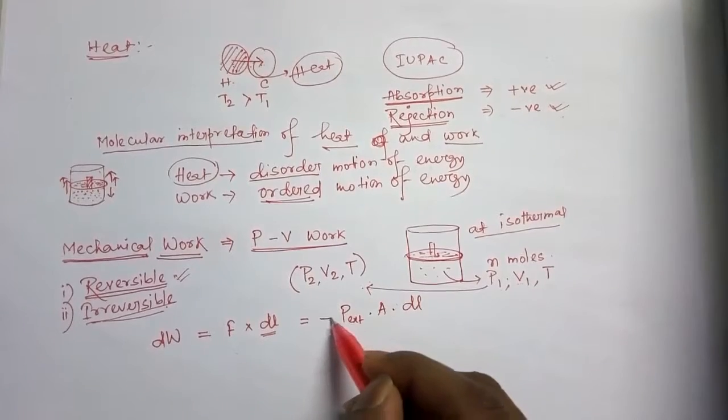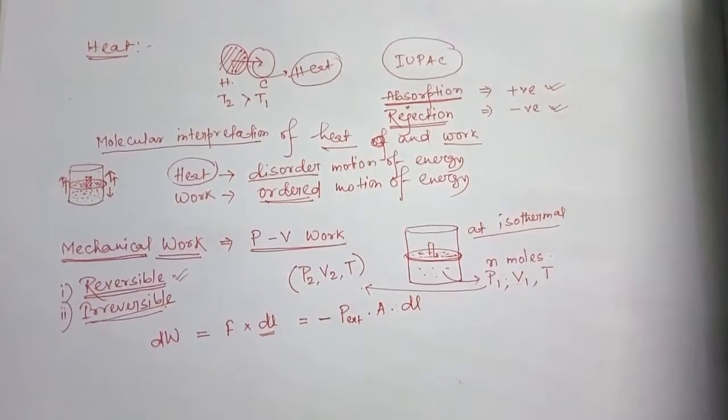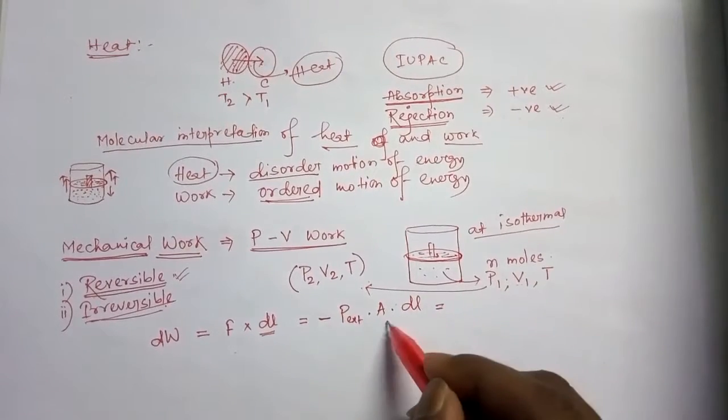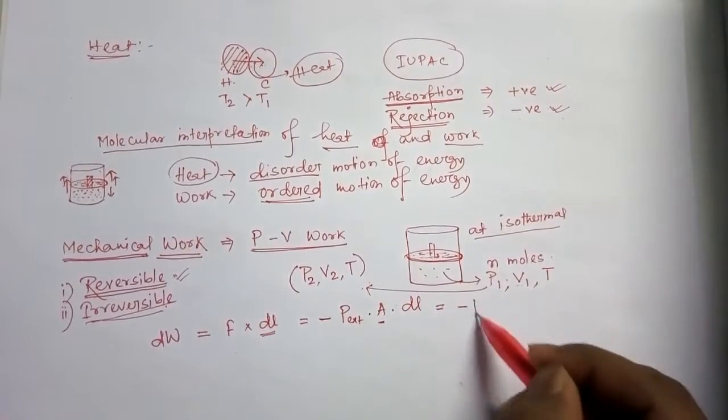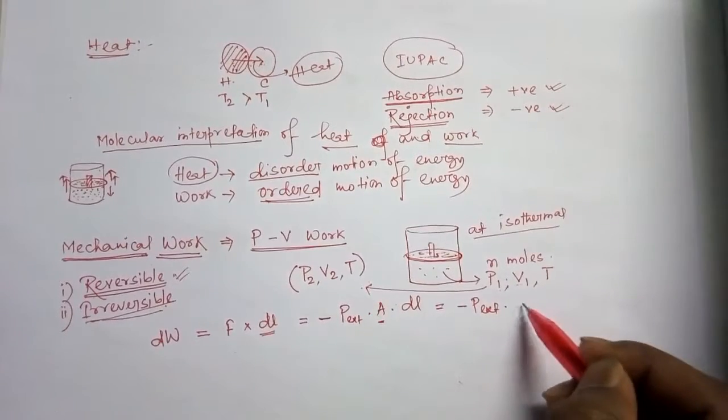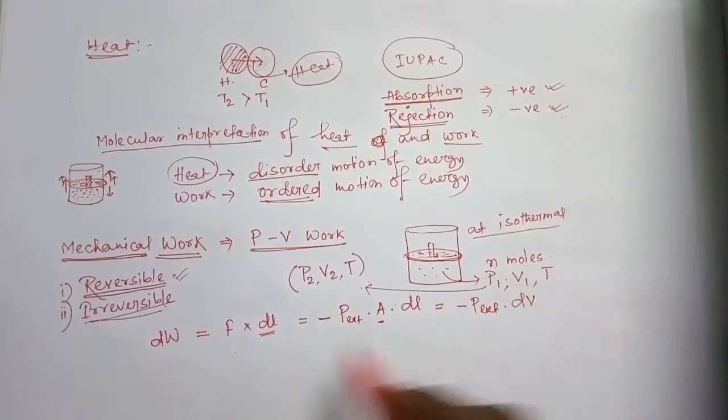And there was one negative sign. Why is this a negative sign? I'll make that clear. Now A into dl we can write as dV, that means change in volume.